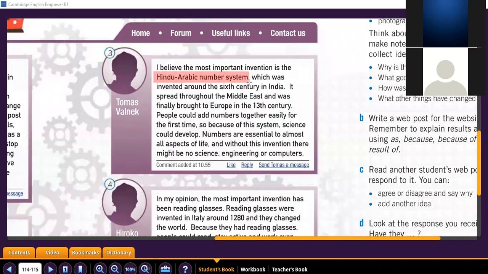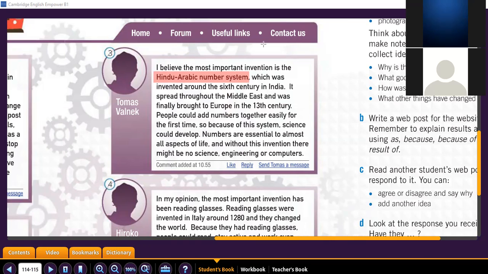So here we have, I believe the most important invention is the Indo-Arabic number system. Sí, creo que el invento más importante es el sistema numérico Indo-Arábico, which was invented around the 6th century in India.